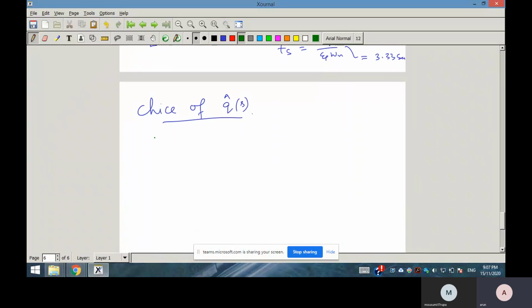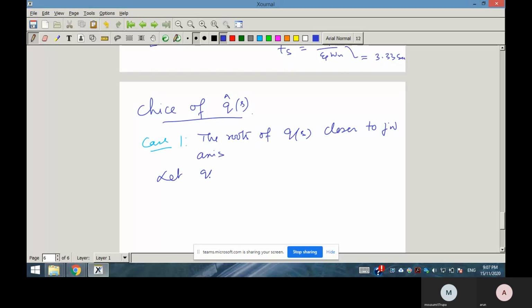Case 1: suppose I choose Q(S) in such a way that the roots of Q(S) are closer to the j omega axis.